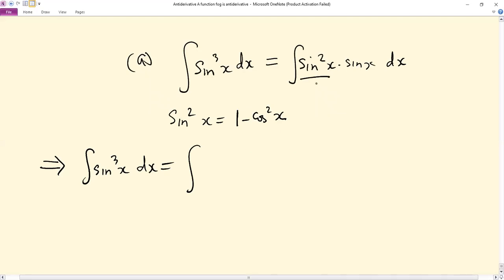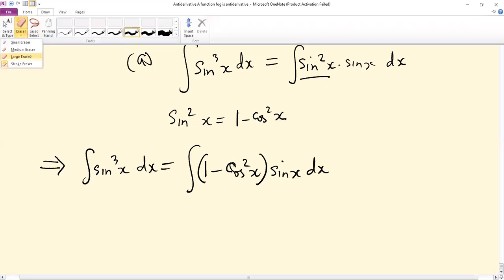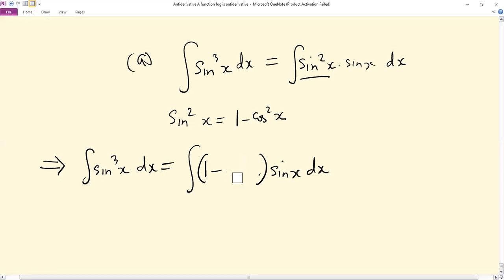Now, where there is this sine squared, I replace it by 1 minus cos squared x, and then I multiply by sine x dx. There's nothing I've changed, it's still the same original integral.